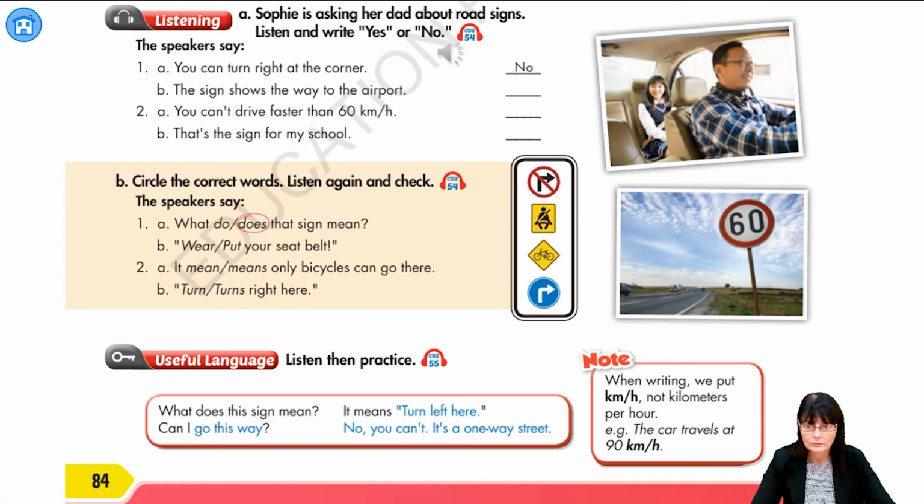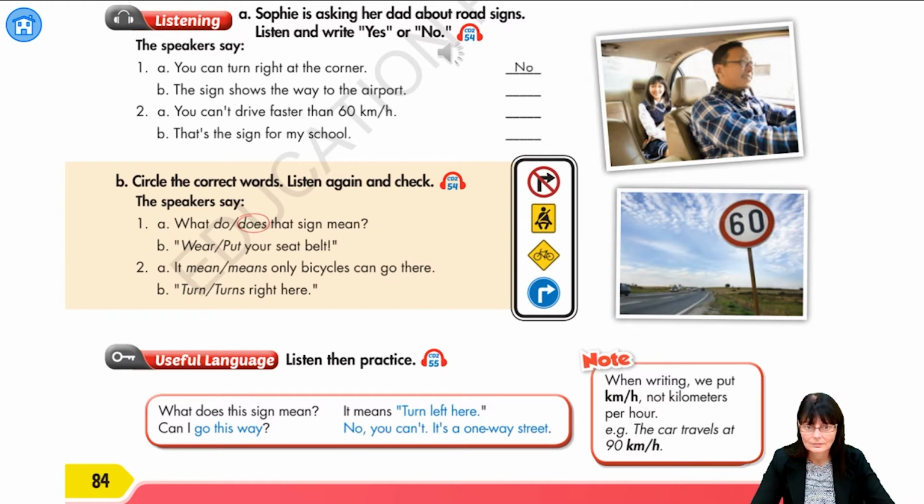Listening 1. Thanks for driving me to school, Dad. No problem, Sophie. Let's go. Hey, what does that sign mean? It means you can't turn right at this corner.